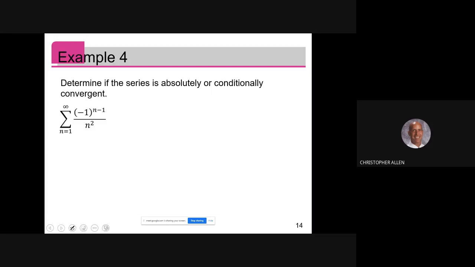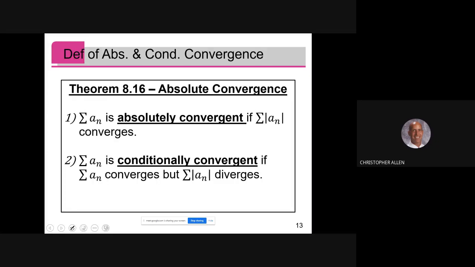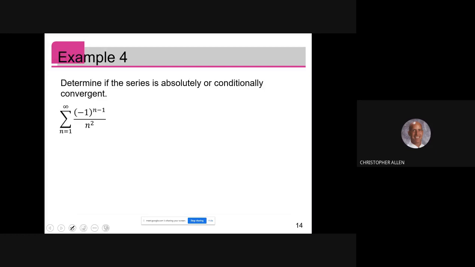It says determine if the series converges absolutely or conditionally. Okay, so let's go back to our definition. It absolutely converges if the absolute value converges, and it's conditionally convergent if the sum of a sub n converges, but the absolute value does not, or the sum of the absolute value diverges.